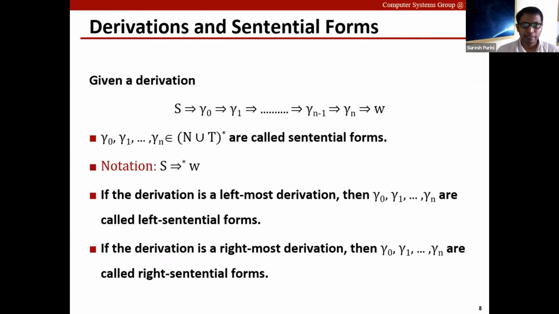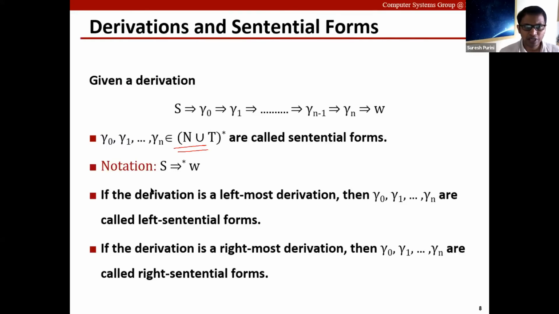Okay. So given a derivation, we start from S, and we finally reach W. As I said, we use lowercase Greek letters to indicate strings over non-terminal and terminal symbols. So gamma 0 to gamma n, we call them sentential forms.